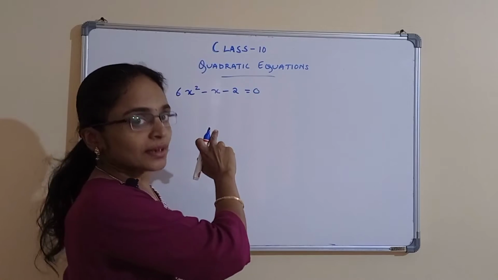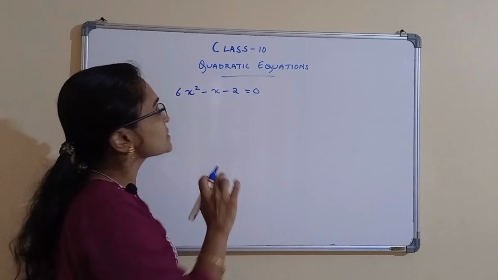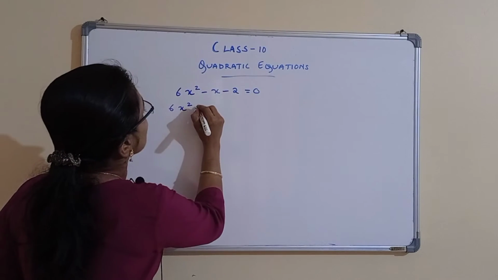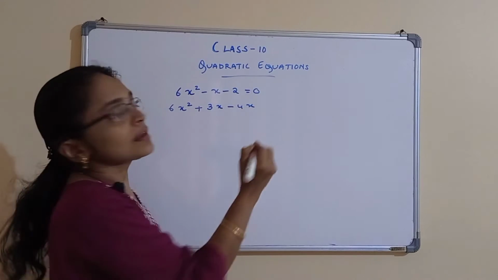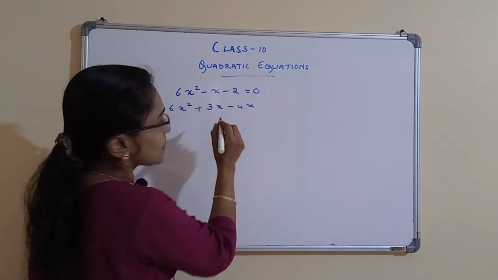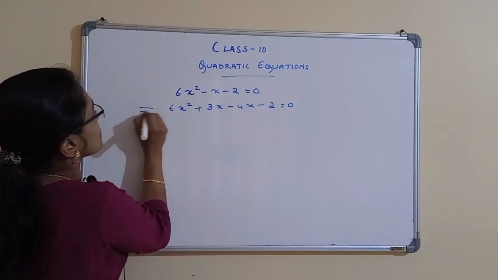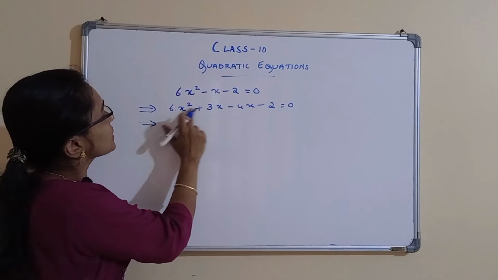Okay. Next question is find the roots of 6x square minus x minus 2 equal to 0 by the method of factorization. So we can split the middle term as plus 3x minus 4x. So 6x square plus 3x minus 4x minus 2 equal to 0. Here 3x is common in both these terms.